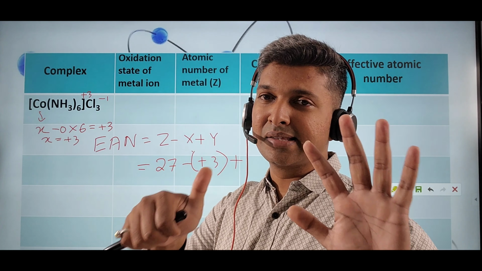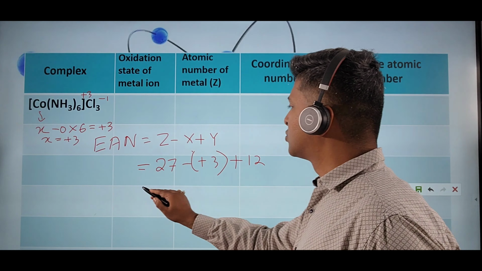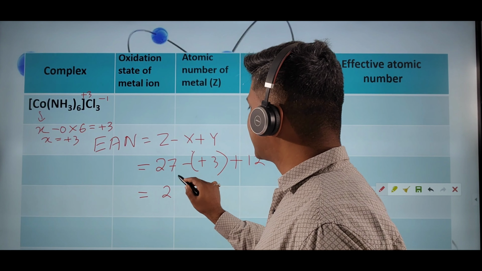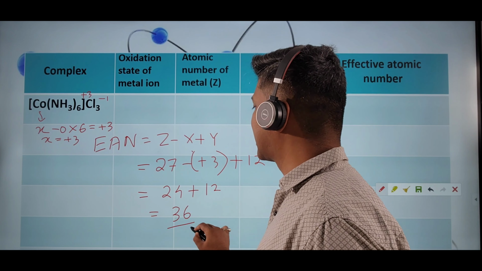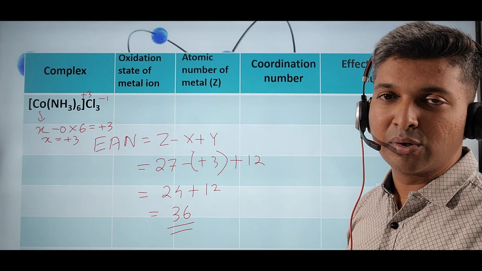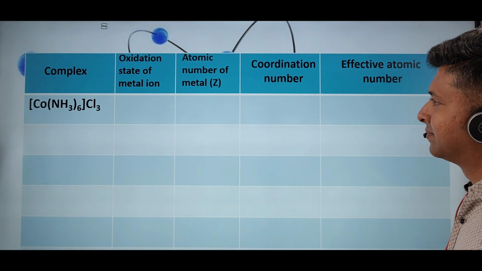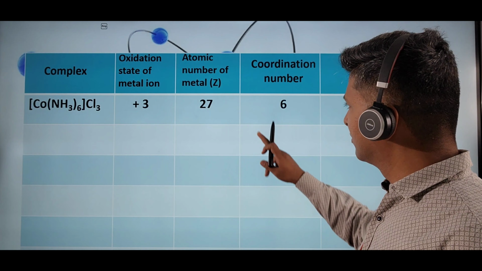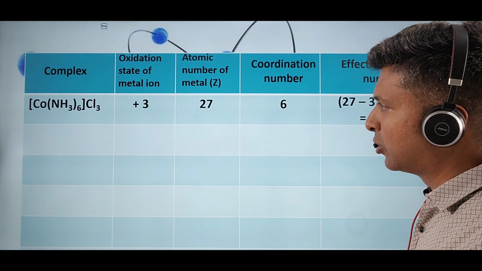There are 6 ligands, 6 is the coordination number, so obviously 12 electrons it is going to gain, so +12. 27 minus 3 is 24, 24 plus 12 is 36. Once again 36, that means it is equivalent to the atomic number of a noble gas and it is stable. Let's check. Yes, the effective atomic number is coming as 36. Come on, do the next one.